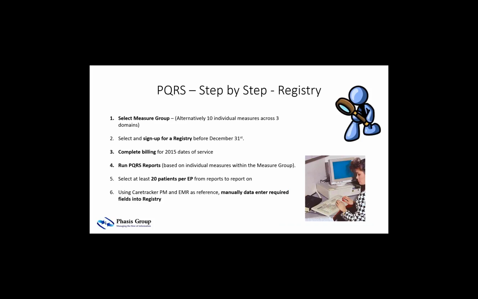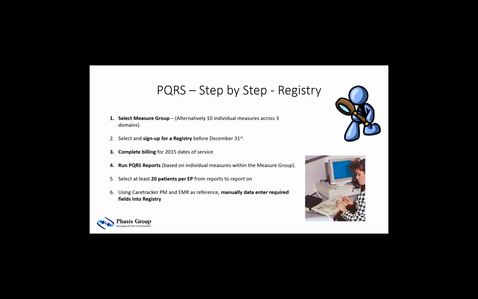If you take our recommendation and want to select a measure group, your step-by-step process here is number 1, we'll send out to everybody the measure groups that are available. Pick a measure group that fits your practice. Alternatively, if you can't find a group that works, pick 10 individual measures crossing 3 domains.